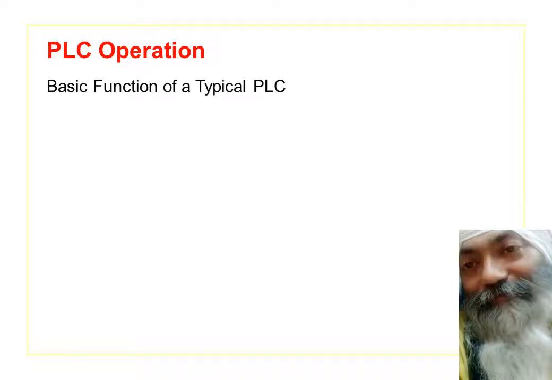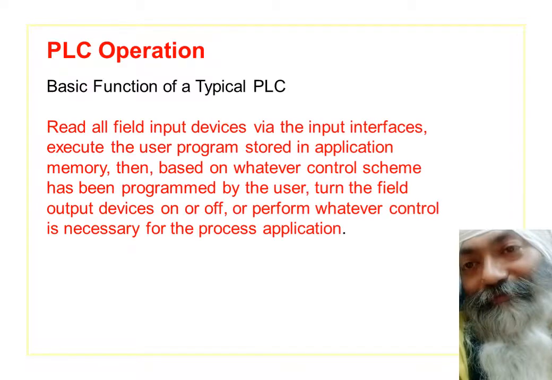Coming to the first part of it, that is PLC operation, we will be discussing the basic function of a typical PLC. What it does is that it reads all the field input devices, and that is done through a certain input interface. After this step, it goes to the second step.